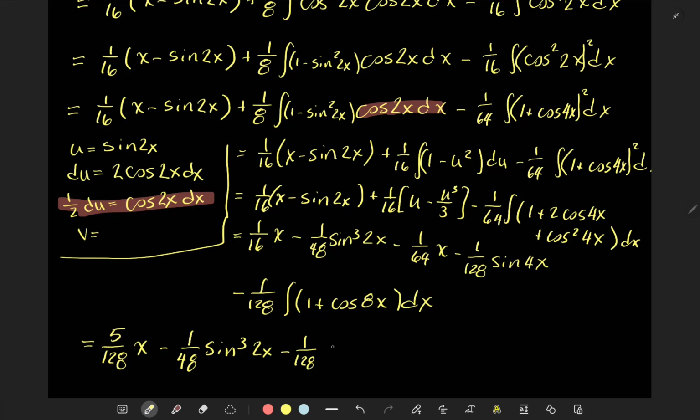That one stays the same, of the sine of 4x, and lastly minus, and I'm going to have here the 1/128 divided by 8 when I do my u substitution. So it's going to be my power. So is that 1024? I believe that's the next power that would correspond. So 1/1024 of the sine of 8x.